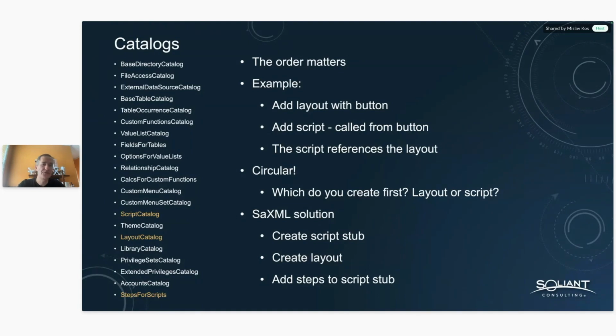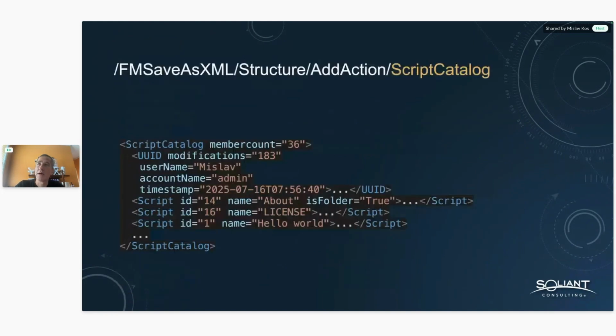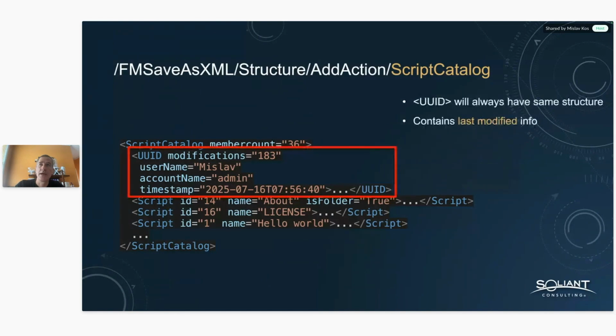If we keep diving further in, let's take a look at one of the catalogs and see what it looks like. Let's look at the script catalog. And we can see that it has a UUID tag. And that UUID, in addition to containing the ID, also contains last modified information: how many times the catalog's been modified, and when the last modification was, and by whom.